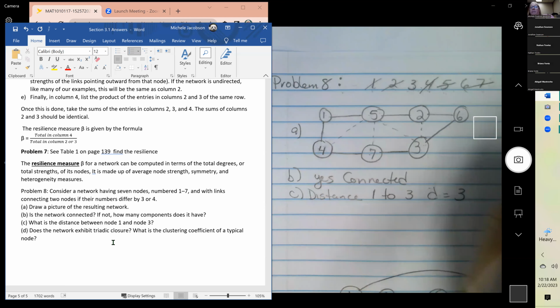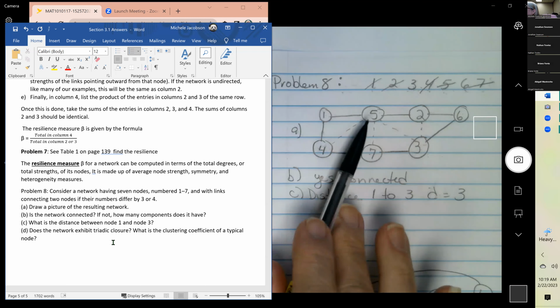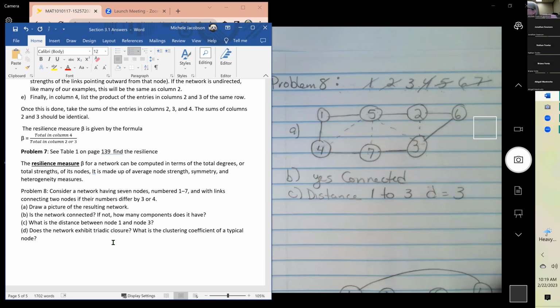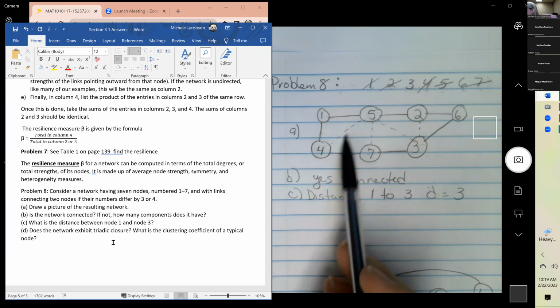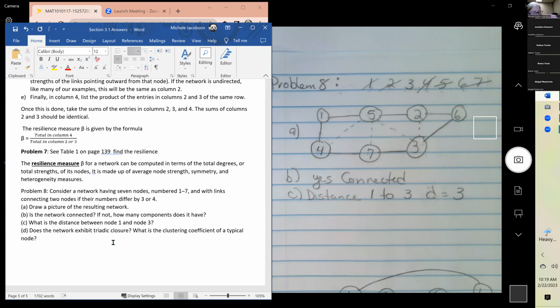I don't have enough space to make them all, but one would have to connect to all of them and so on. But your friends have to be friends to be triadic.